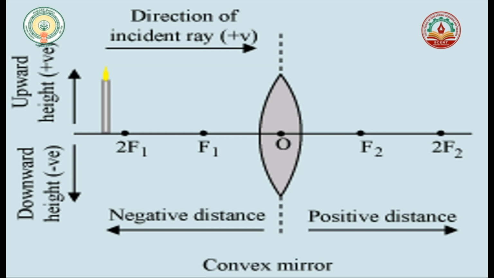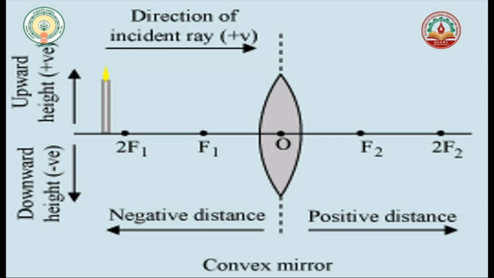If you assume the image is formed at 2F2, O2F2 will be the image distance, measured from the pole to the image. We are measuring this distance in the direction of the incident rays, so the image distance will be positive. The object distance for any convex or concave lens will be negative, and we get the real image on the other side of the lens.